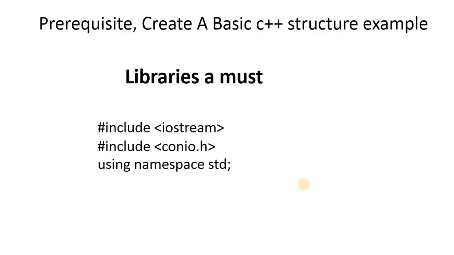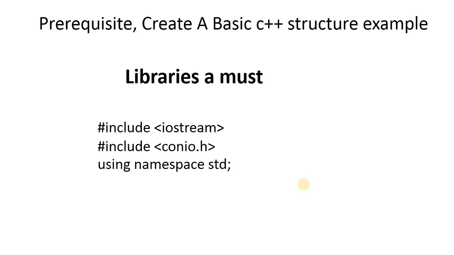Now, as you can see on the screen, learning basic C++ structure in a proper way is a prerequisite for everyone. And as you can see on the screen, when you do C++ programming in Linux or in Windows, you need to include some libraries first.